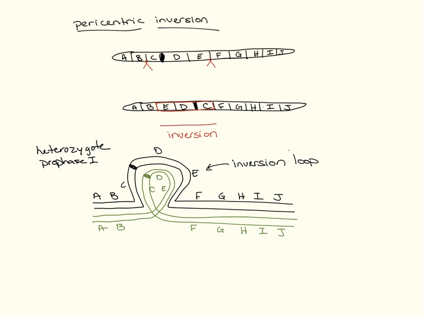So as we saw with the paracentric inversion, as long as there's no crossing over event, meiosis can proceed as normal. You'll end up with 2 gametes. So again, this is no crossing over.